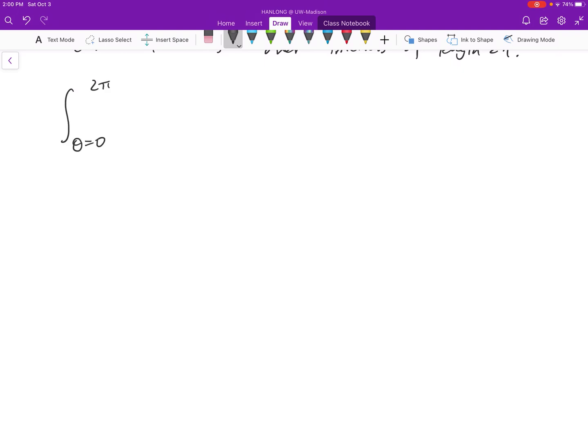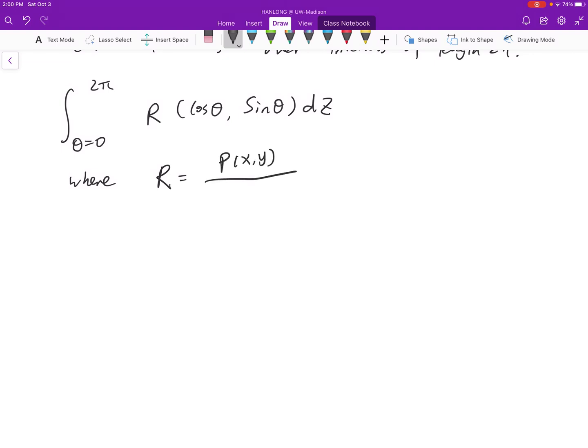We will consider the following integral of R(cosine theta, sine theta) d theta, where R(x, y) is P(x, y) divided by Q(x, y). It is a rational function.